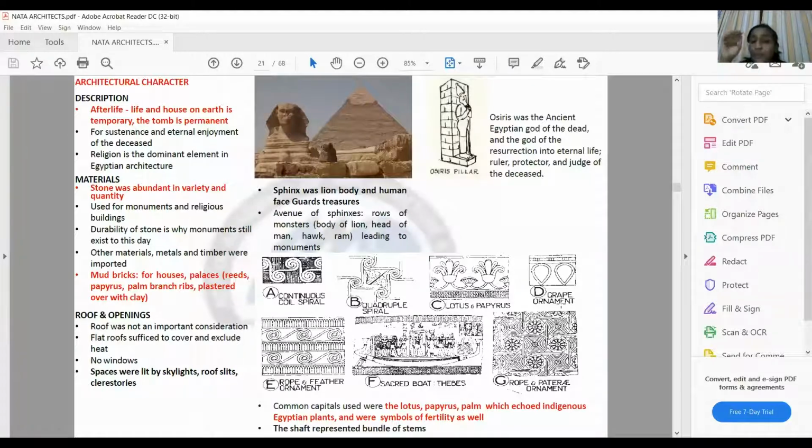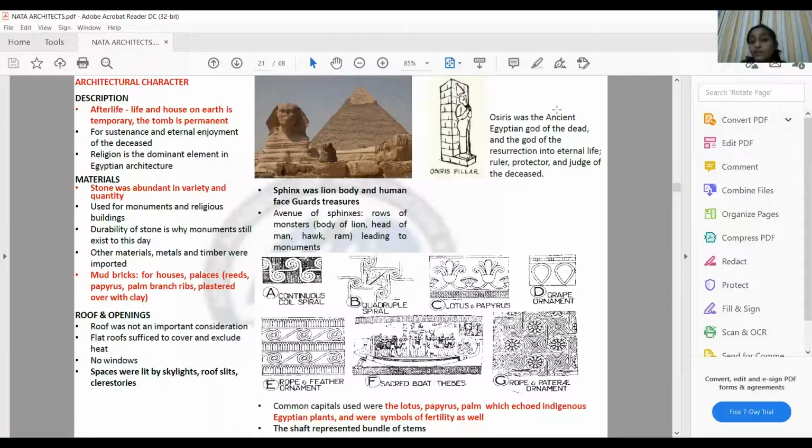And each of these capitals, like I already told you, the column was divided into base, the shaft, and the capital, right? So the capital over here was again inspired by nature, which was mainly the usage of these lotus bud capitals or papyrus leaf capitals, and then also had these palm leaf capitals. So that was the kind of inspiration that they took from nature.